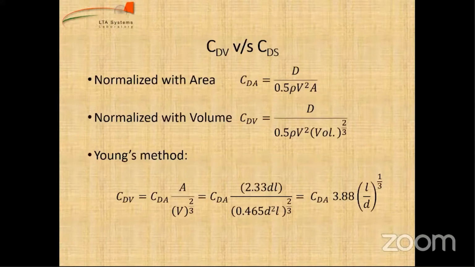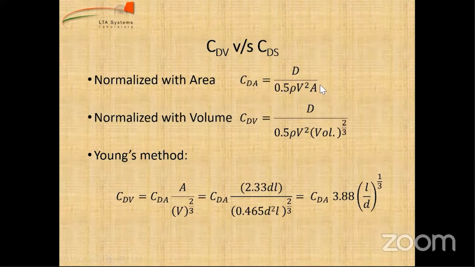Okay. So coming to the topic of what we are going to discuss, there is something one needs to very clearly understand: drag coefficient. Typically in our aeronautical engineering, we use the area normalized drag coefficient. We take a wing or an aircraft, put it in a wind tunnel and measure the drag, and we divide the drag by the dynamic pressure, half rho V square, and by the area.